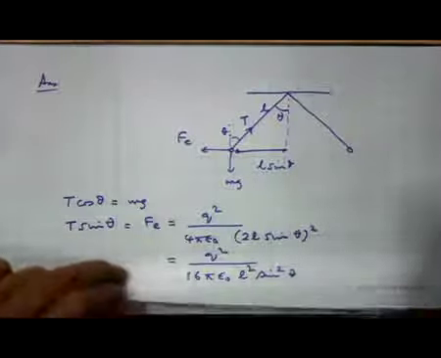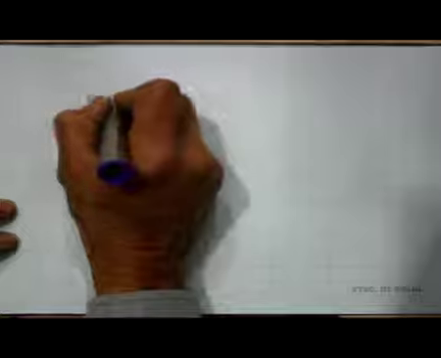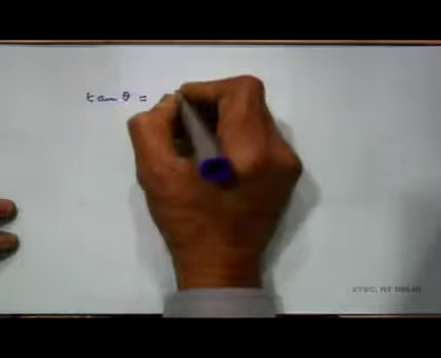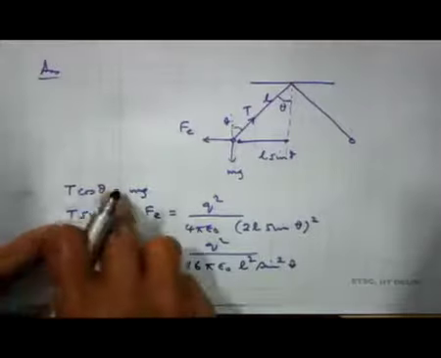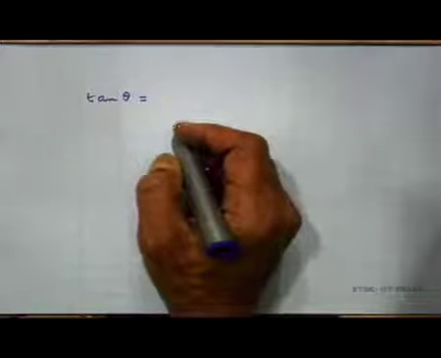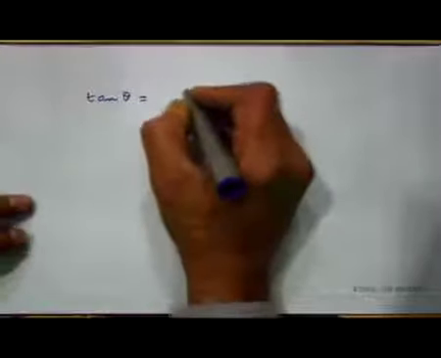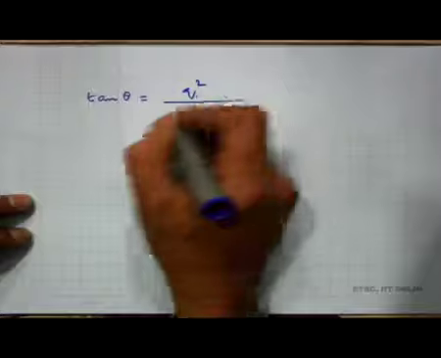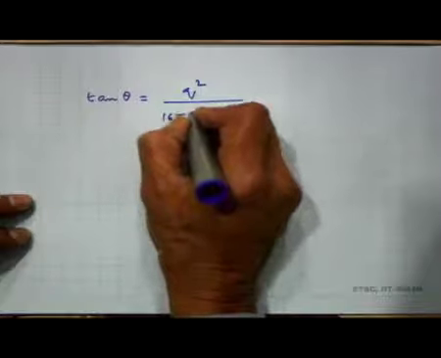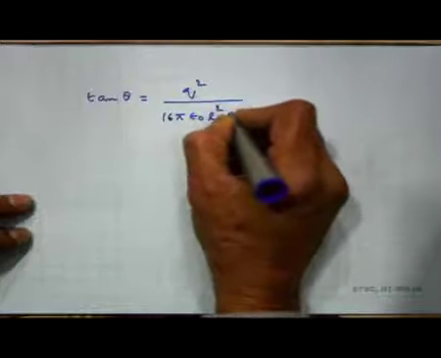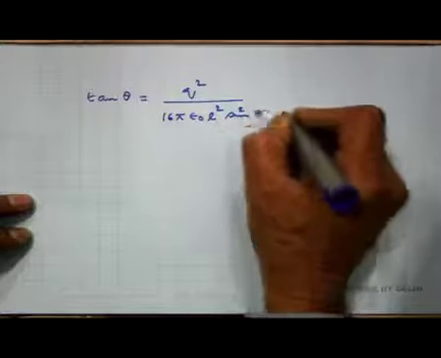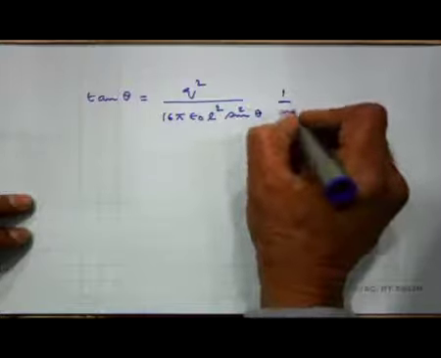I can eliminate the tension T from these two equations by dividing the second equation by the first equation, and I get tan theta is equal to. If I divide T sin theta by T cos theta, on the left hand side I get tan theta, on the right hand side I get q square by 16 pi epsilon 0 L square sin square theta into 1 by mg.